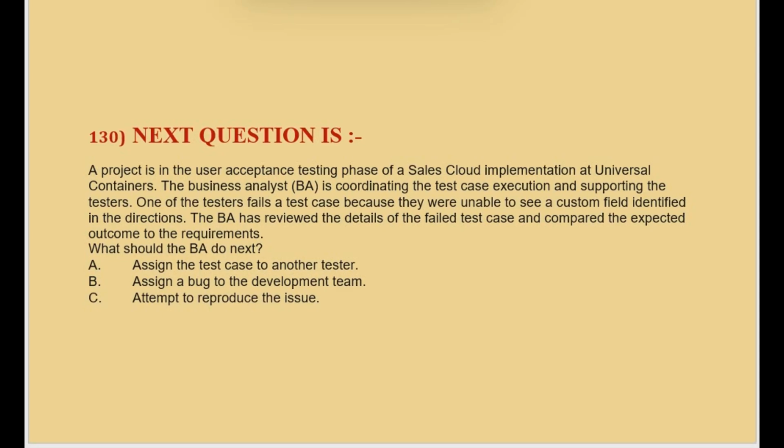The BA has reviewed the details of the failed test case and compared the expected outcome to the requirements. What should the BA do next? Option A, assign the test case to another tester. Option B, assign a bug to the development team. Option C, attempt to reproduce the issue.